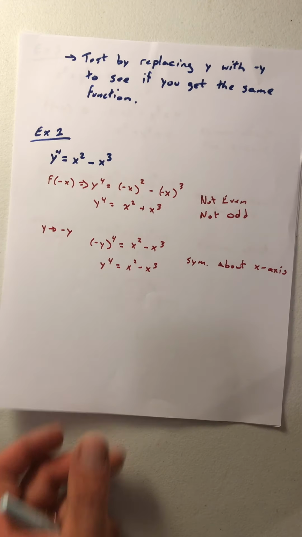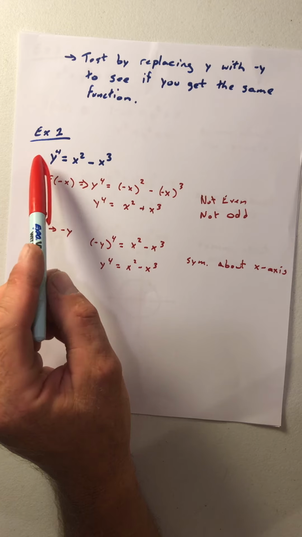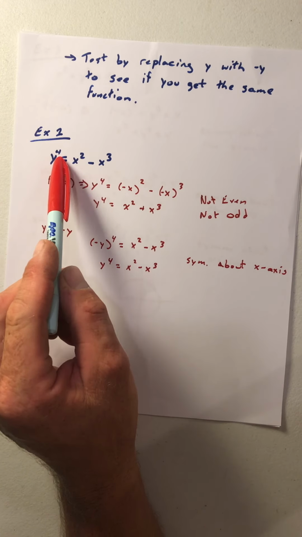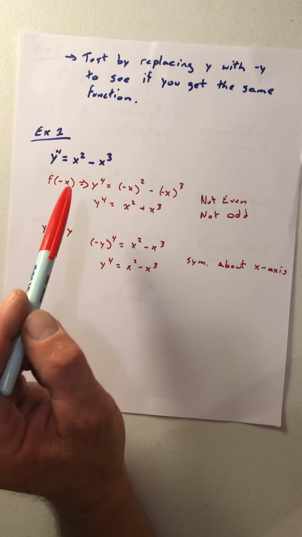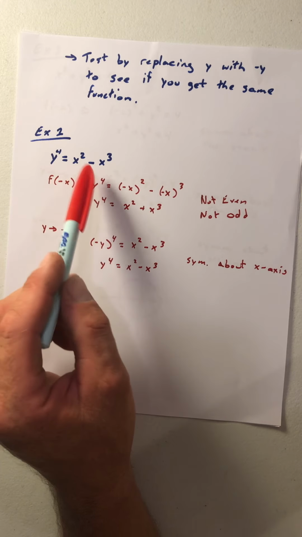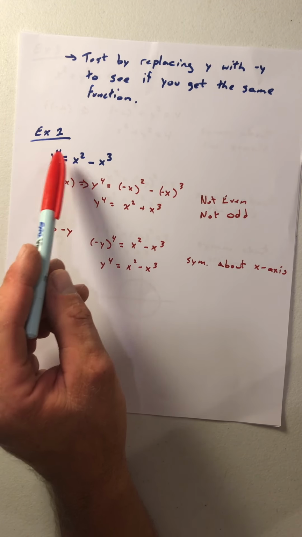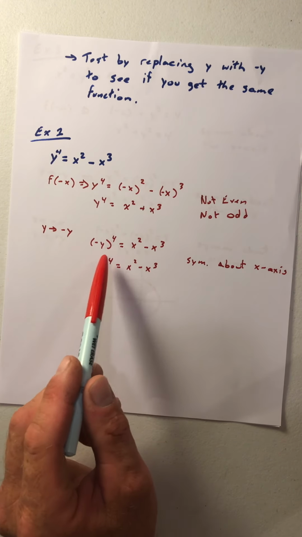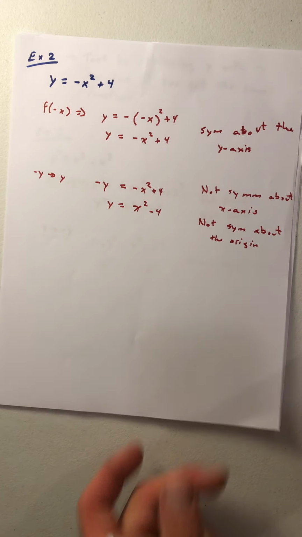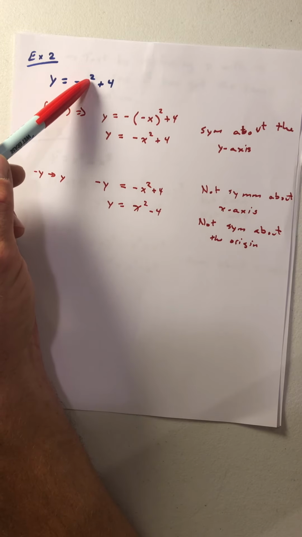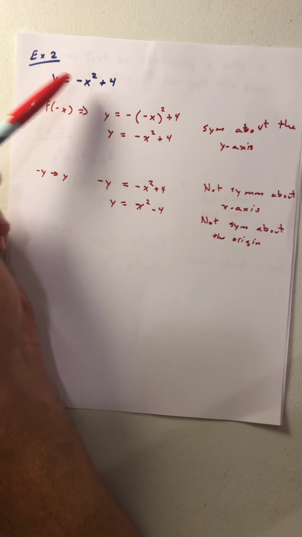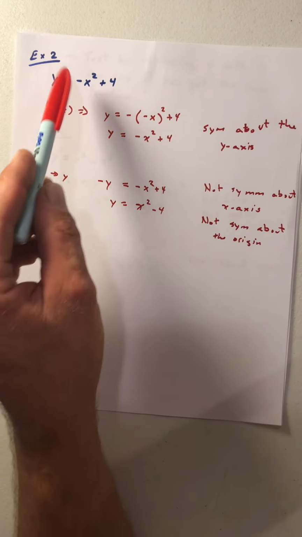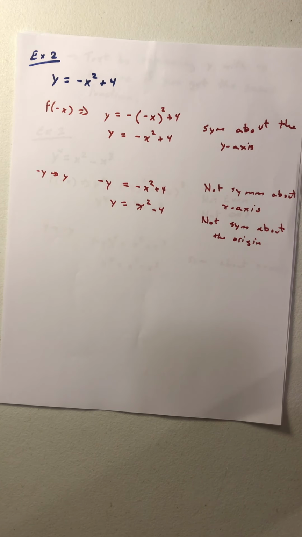In example 1, notice that we saw a combination of even and odd exponents, and we found that it wasn't even nor was it odd. And then with example 2, notice we had an even exponent in our x's, and we saw that it was symmetric about the y-axis, and we called that an even function. But it wasn't symmetric about the origin or the x-axis there.